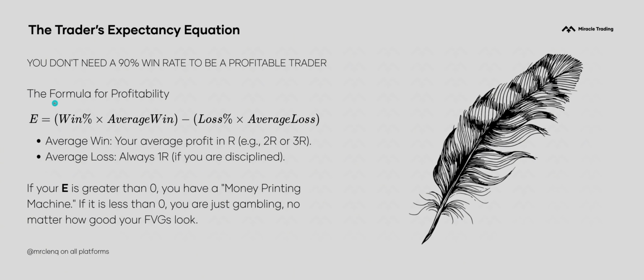The formula for profitability, as you can see, this is the expectancy equation, and we have the average win, your average profit in R, for example, if you have a 2R or 3R, and average loss, if you always lose 1R, if you're disciplined, 1R or 2R, doesn't matter. So if your expectancy score is greater than 0, you have a money printing machine, meaning your model, your strategy is profitable. If it's less than 0, you're just gambling, no matter how good your fair value gaps look.